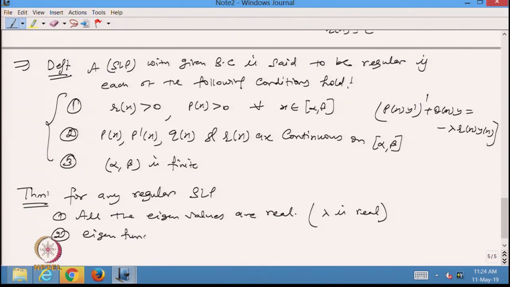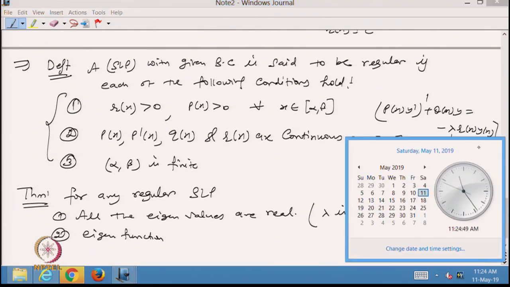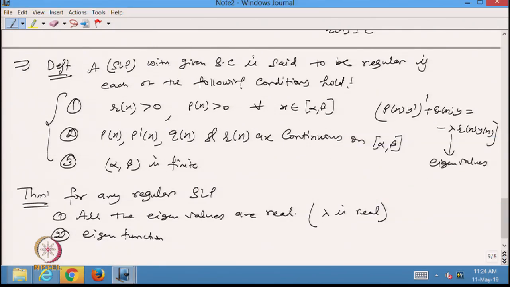The second one is about eigenfunctions. In this case, lambda is called the eigenvalue, and the corresponding solution we are getting corresponding to this lambda, this v(x), is called the eigenfunction.